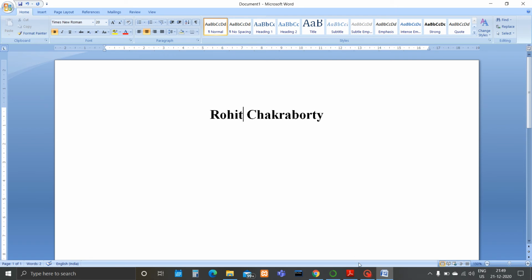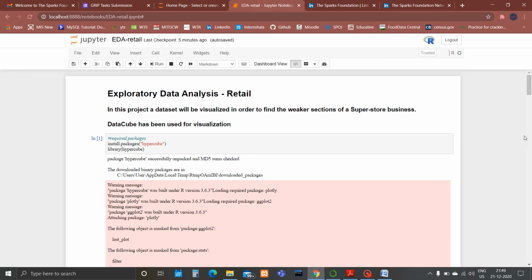And this is the task I have done in Jupyter Notebook, and the language is R. The subject is exploratory data analysis, retail, and the main task is to visualize the dataset and then to predict where we are incurring losses in the store.